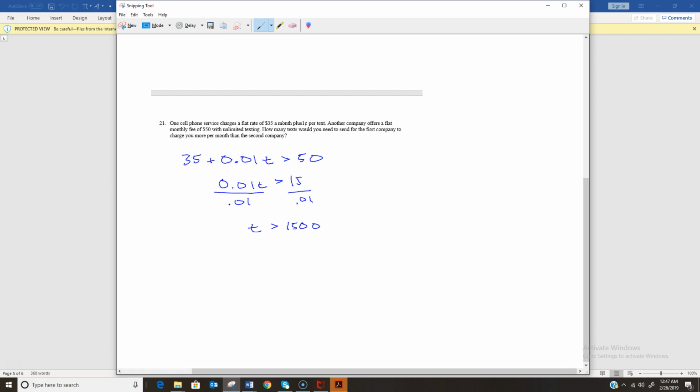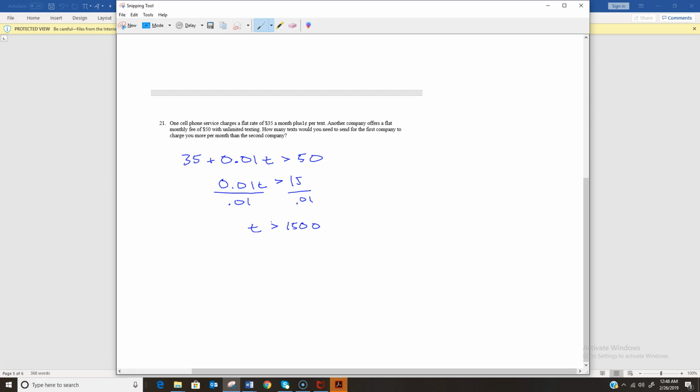So this one, if you don't send a lot of texts, I mean 1,500 in a month, that's not unheard of because that would only be on average about 50 a day, but it's probably not common for somebody who's not a teen, or unless you use your phone a lot for work or something like that.